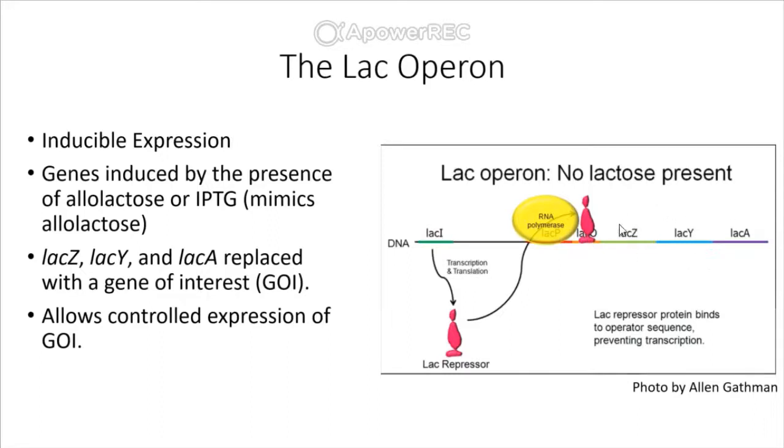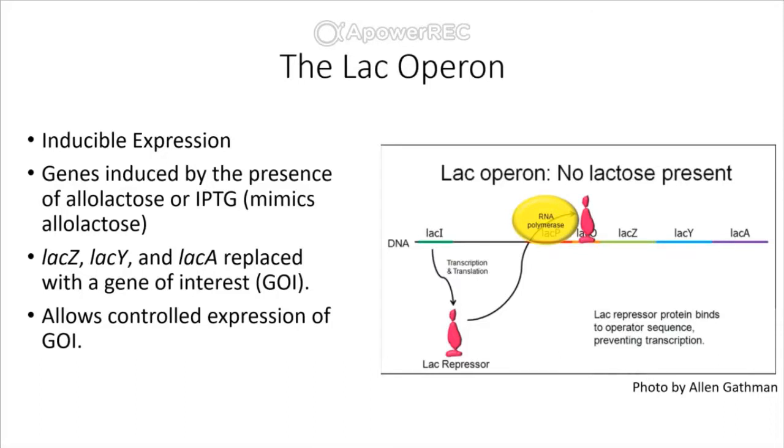You can replace these genes with whatever you want. All we're interested in is taking advantage of this expression system, the LAC-I, the LAC-P, and the LAC-O. We're going to replace LAC-Z, LAC-Y, and LAC-A with our own genes instead. So this can allow for controlled expression of our gene of interest.